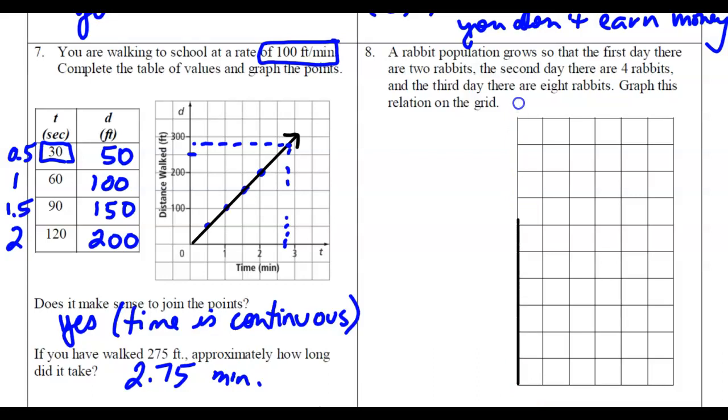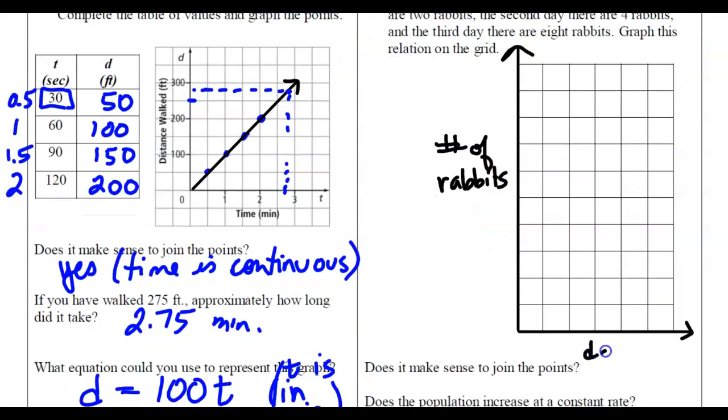So I'll just put the vertical axis on the left, horizontal axis at the bottom. So this would be number of rabbits, and this is the day number.